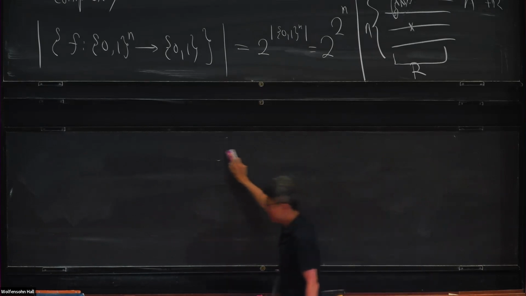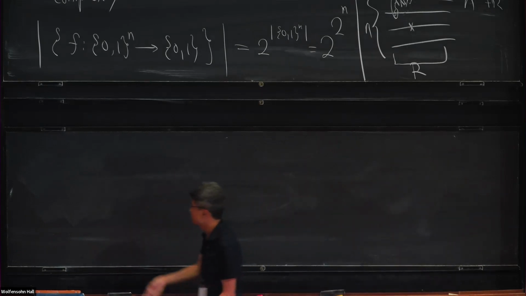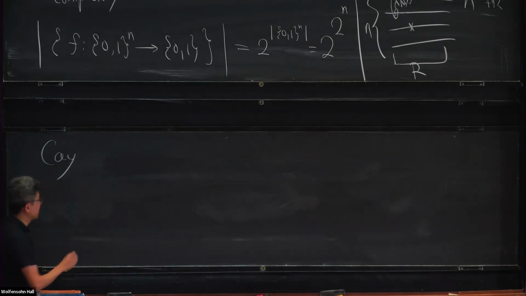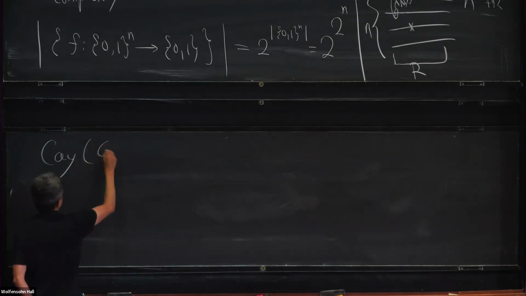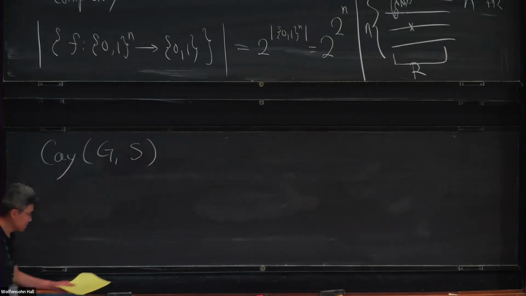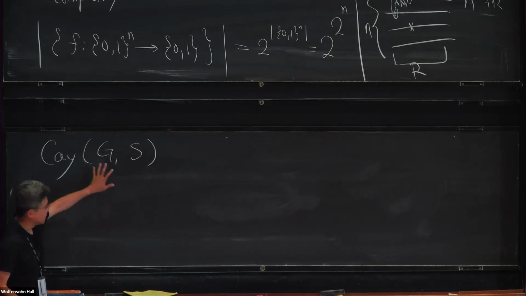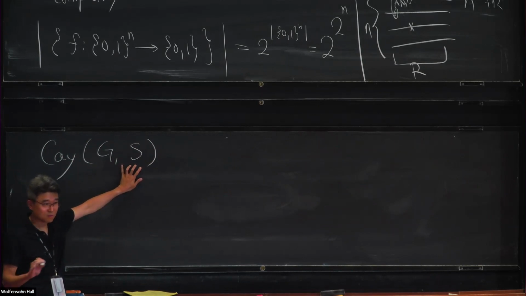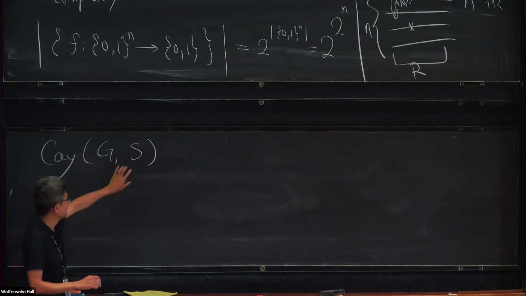To keep the talk most accessible, let me not assume that you knew about the Cayley graph. The Cayley graph is a simple graph defined by a tuple, a group and some subset. It has nothing to do with the group structure. It's a generating subset.